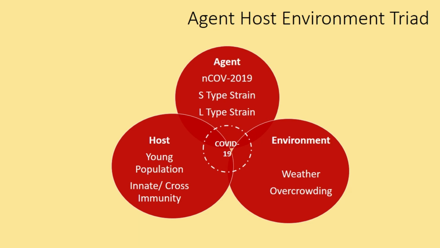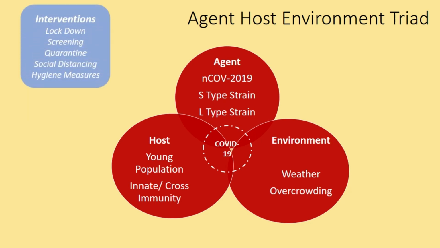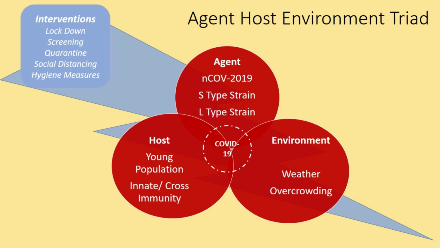So this is the type of interaction that we are talking about to see what is the final outcome of the disease. But in all of this, we have what we call public health measures, and these are the interventions that we are doing to separate out this agent-host-environment triad or to interrupt some of these chains. And what we are doing there are interventions like the lockdowns, school closures, the screening, the quarantine and self-isolation and isolation of contacts, social distancing and hygiene measures.